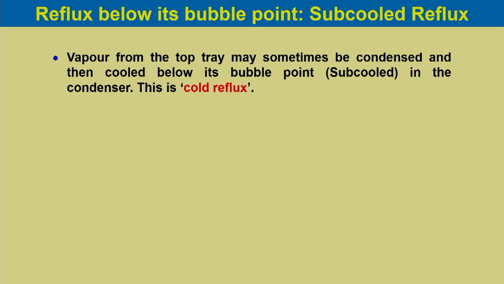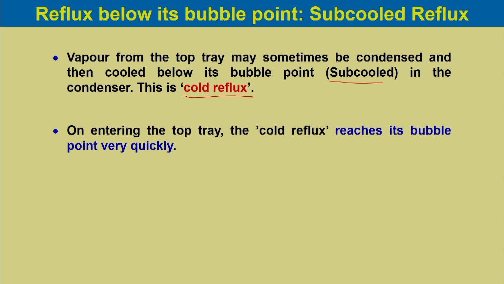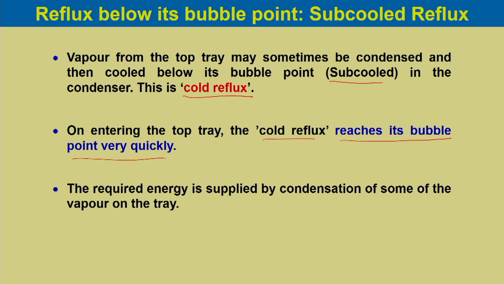Vapor from the top tray may sometimes be condensed and then cooled below its bubble point in the condenser. This is called cold reflux. On entering the top tray, the cold reflux reaches its bubble point very quickly. So, what happens? The energy required is supplied by the condensation of some of the vapor on that tray.